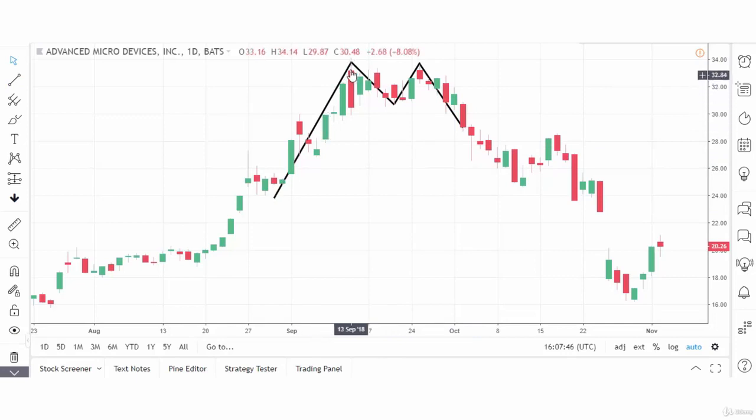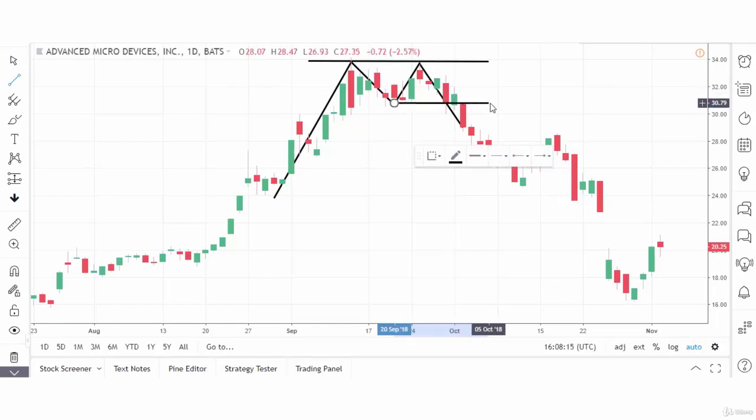As the bulls are in control, they lose control and the stock pulls back. But if the stock were to continue higher here in late September and break above this resistance level, then the bull move would still be intact, but the stock doesn't. It pulls back. Now, if it were to hold this support level and move higher, it would still be a buy and still be in the bull pattern.